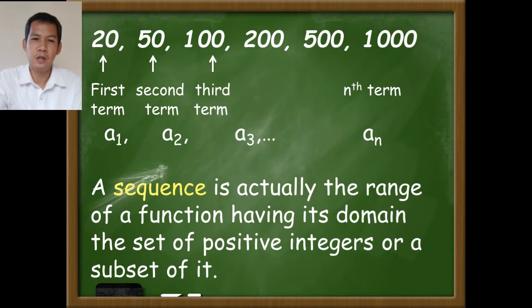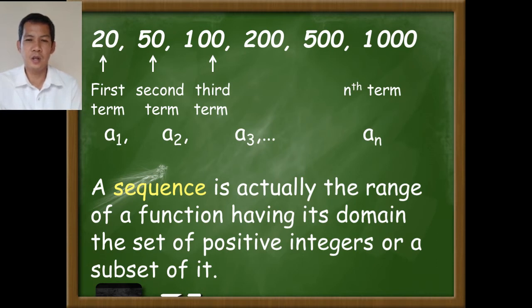Let's take the sequence of peso bill denominations: 20, 50, 100, 200, 500, 1,000. In this sequence, each member is called a term. A term can be represented by using any small letter of the English alphabet.